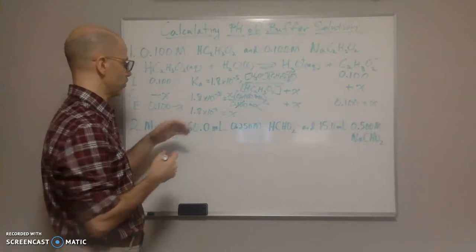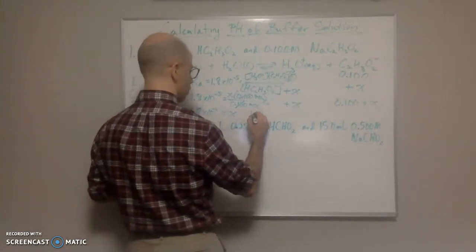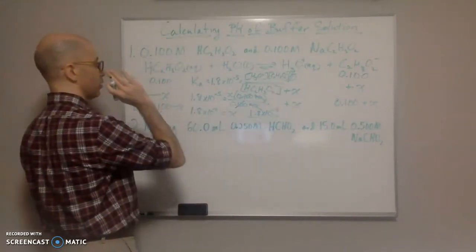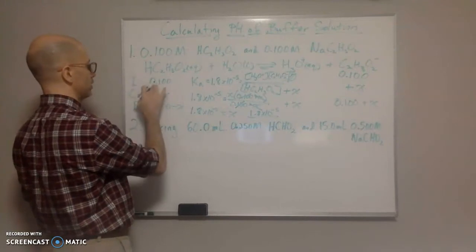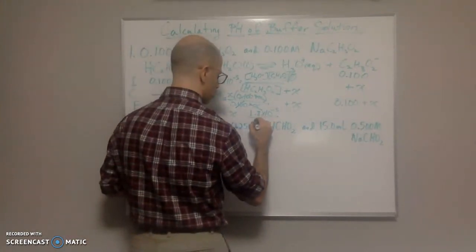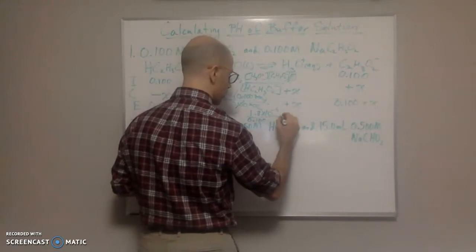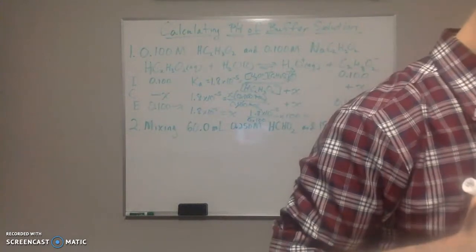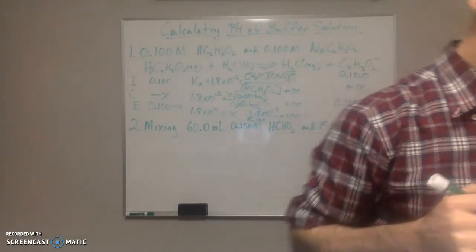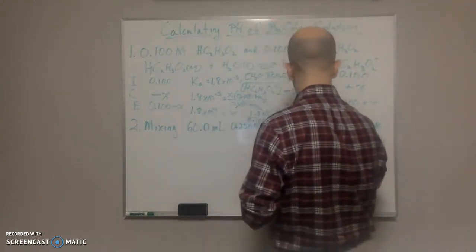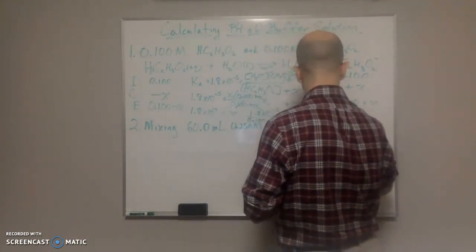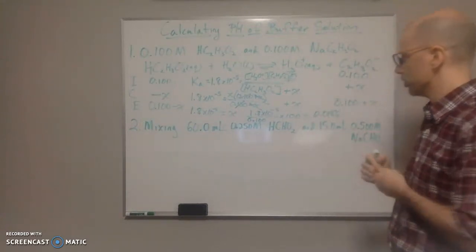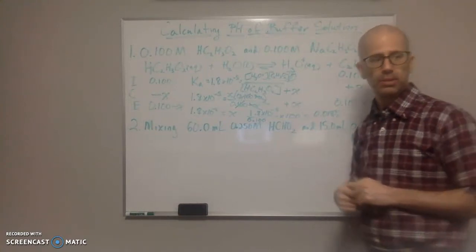And so then what you can do is take the x, 1.8 times 10 to the negative 5, divided by the original concentration of your acid, 0.100, times 100, and you get 0.018%. So this is less than 5%, so it's a valid assumption. So the x is too small is a good approximation.